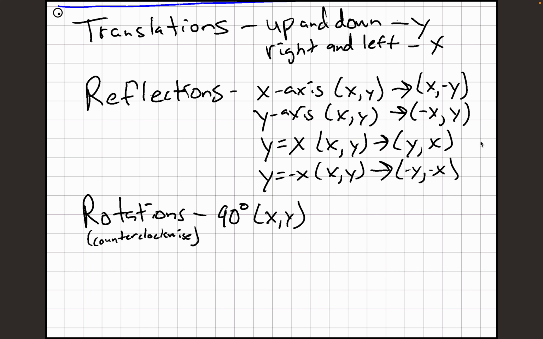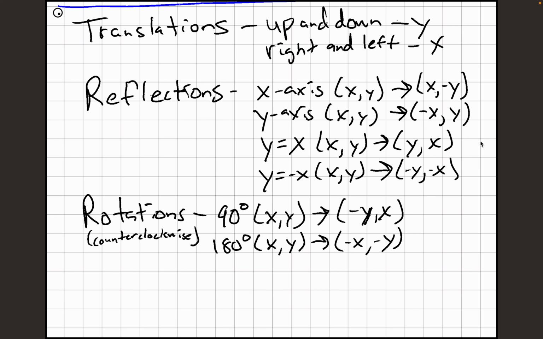Negative y, x is 90 degrees counterclockwise. What happened for 180 degrees counterclockwise? Just the signs change. So we have negative x, negative y.